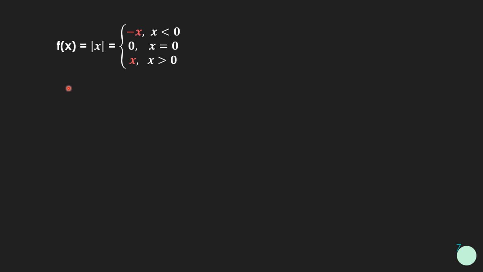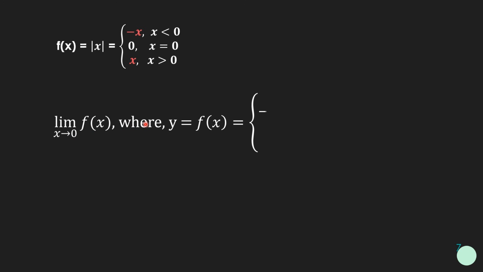Now let us consider a limit f(x) as x approaches 0, where y equals f(x) equals, when x not equal to 0, the function is defined as x over mod x. When x equals 0, the function is defined as x.